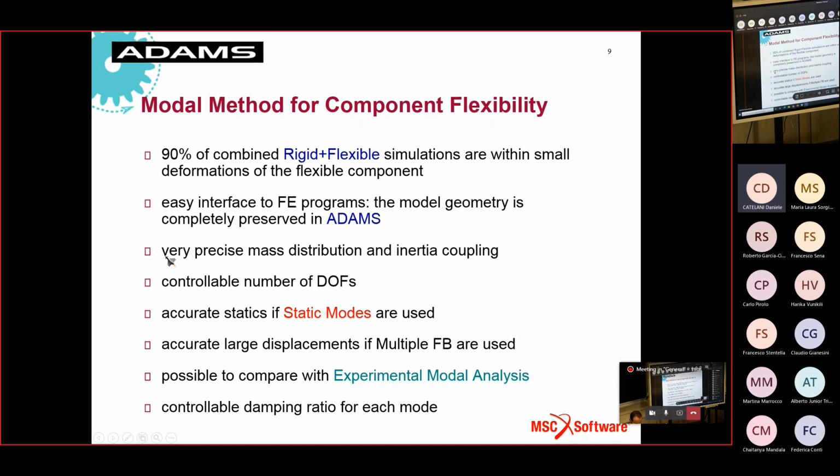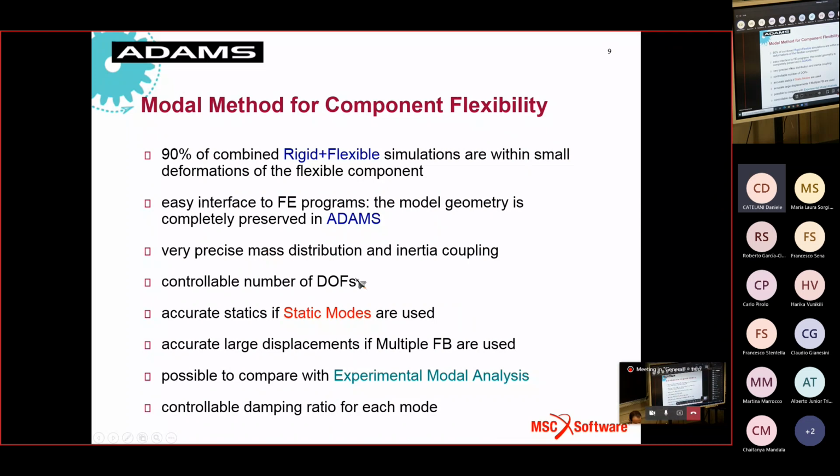When you have a flexible body, you don't discretize a rigid body in many rigid bodies, but you change rigid bodies into a flexible one. So the mass is distributed on every node of the flexible body in a very precise way. And there is coupling of inertia because the inertia is defined on every node.